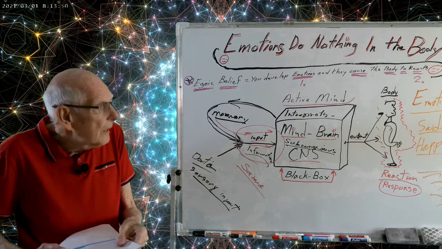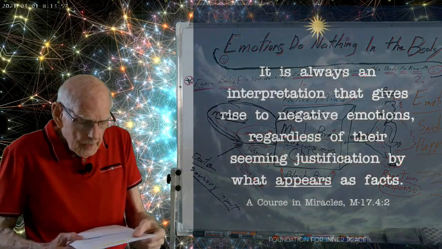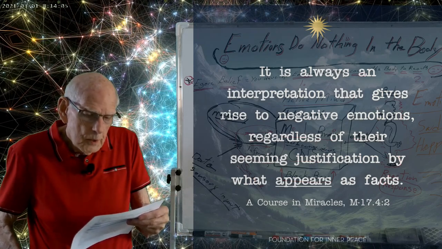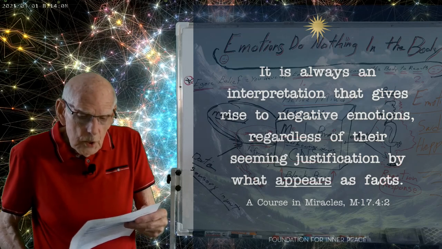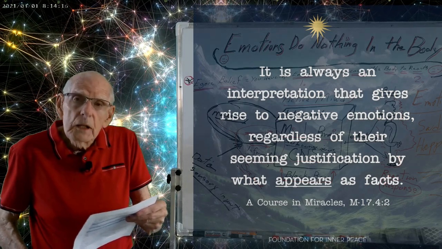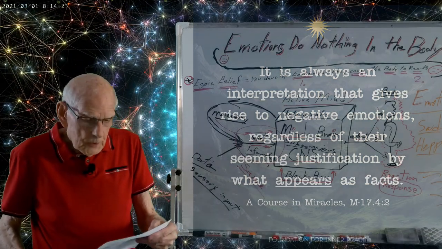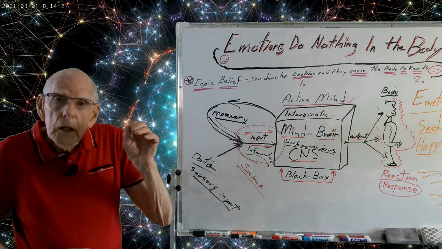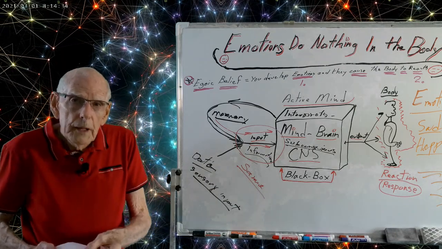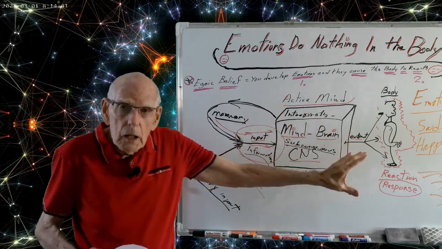Here's what the Course says in relationship to negative emotions: it is always an interpretation that gives rise to the negative emotions, regardless of their seeming justification by what appears to be fact. Everything is an interpretation in the mind. Everything. And then you respond to it in the body. And that's basically what this model does.